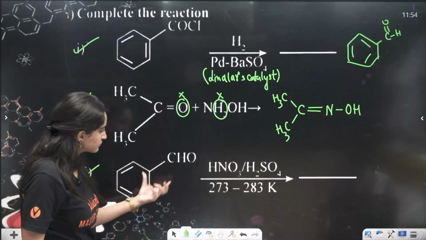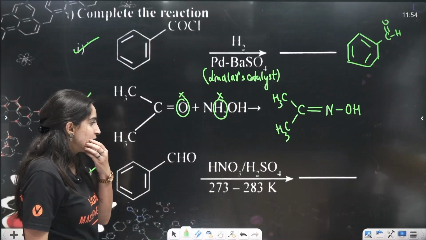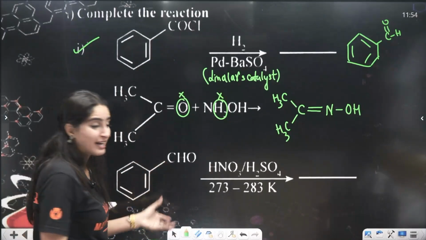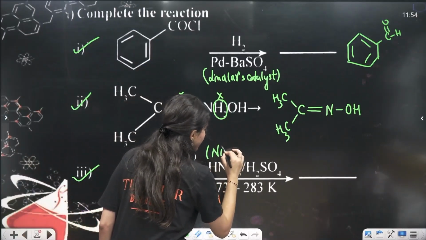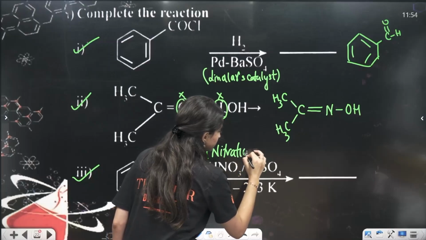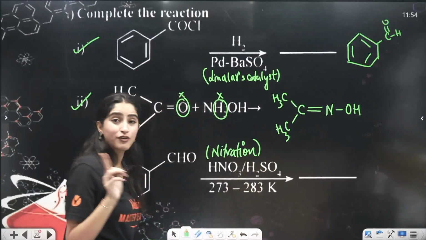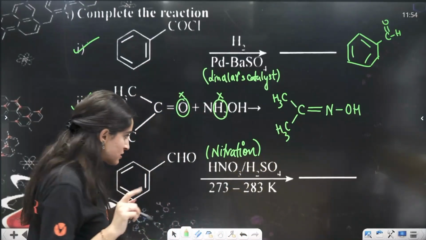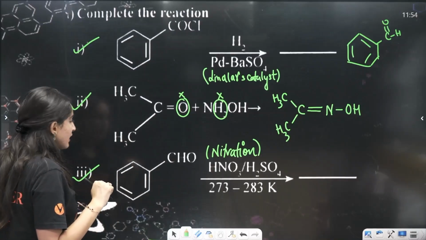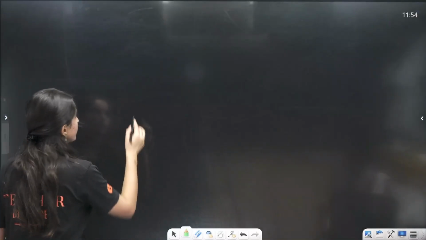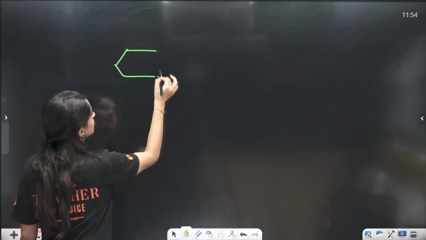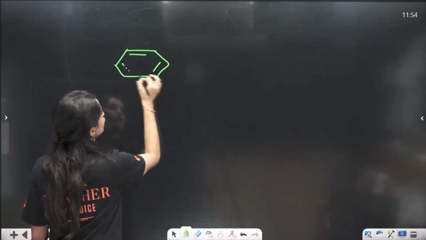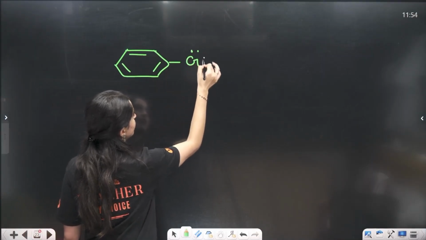Third is when you have CHO, now there is nitration. I told you in the first lecture of most repeated questions, I'll repeat it again: for example, you have a benzene to which a group is attached which has a lone pair of electrons.